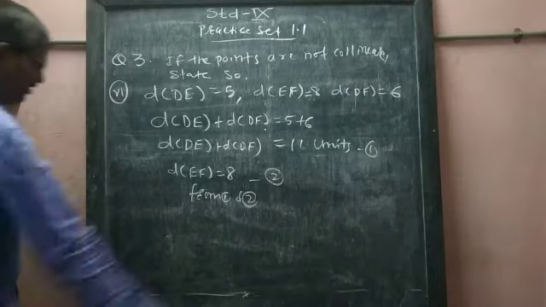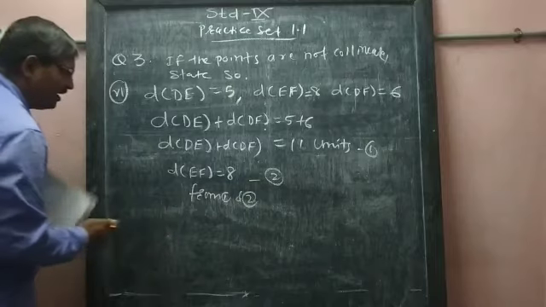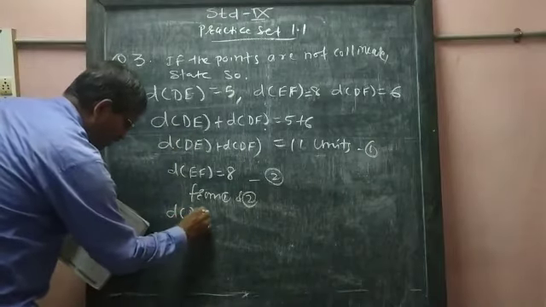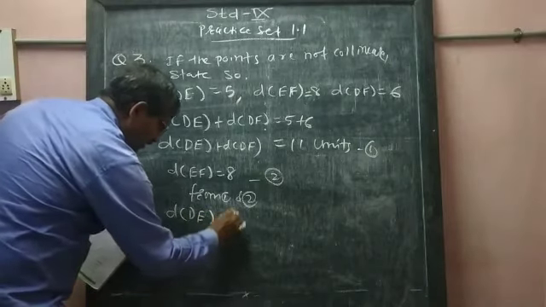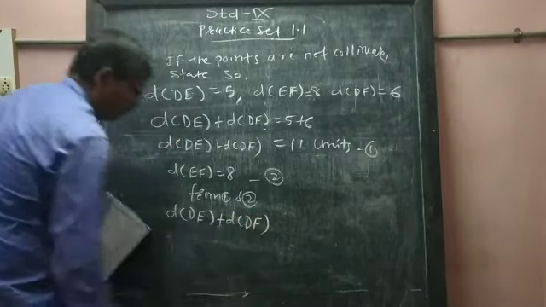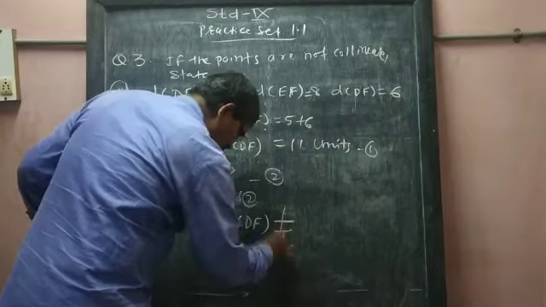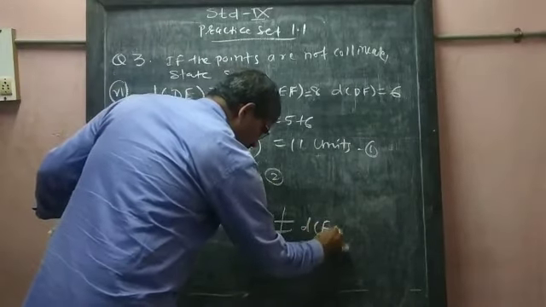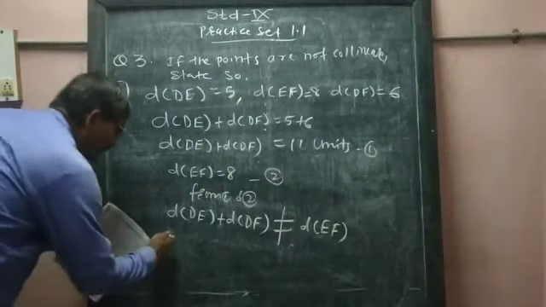Yes, what is your decision? Let me tell you. Look here, from 1 and 2, distance of DE plus distance of DF is not equal to distance of EF.